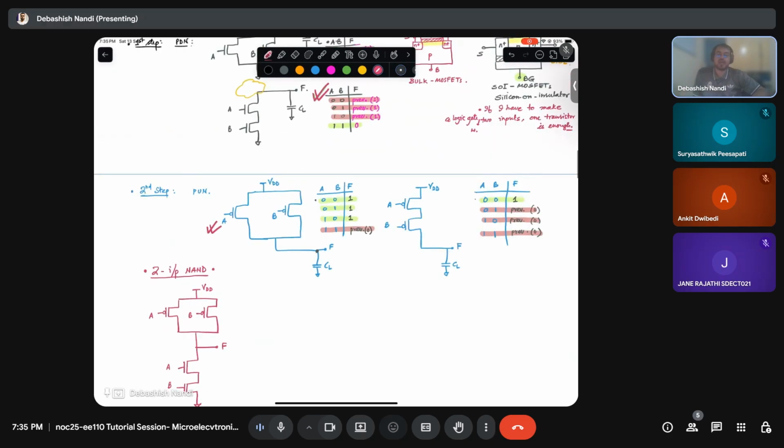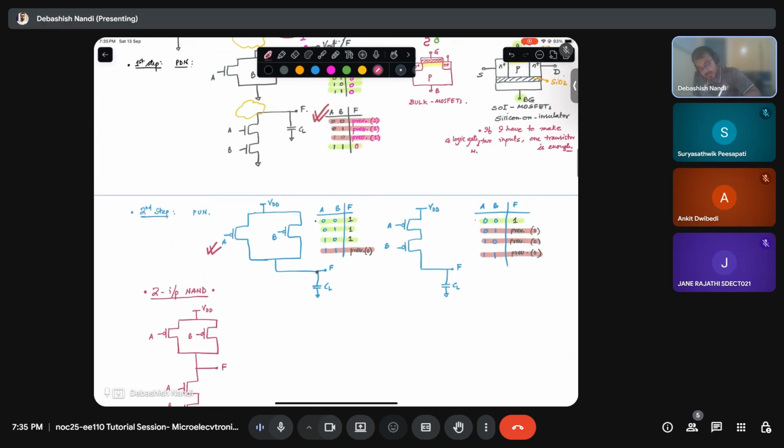Now for the 2-input NAND operation, if I consider this one and this one, can you see that whenever my pull up network is active, meaning these three cases, then my pull down network has to be off. Similarly, whenever my pull down network is active, my pull up network has to be off. Is that okay?